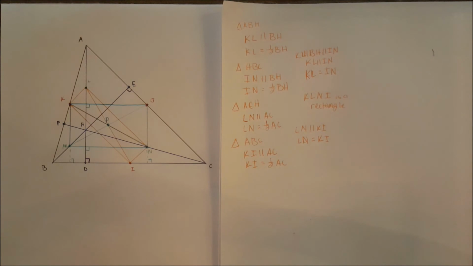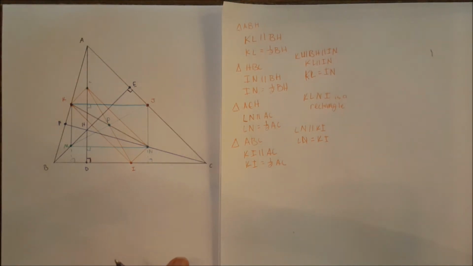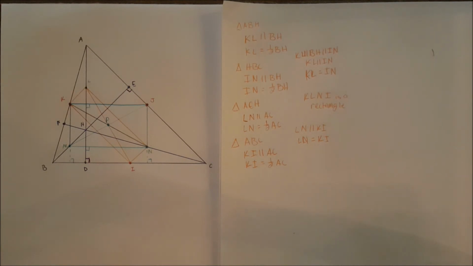When looking at this triangle, we see that the hypotenuse is also the diagonal of rectangle KJNM. So since we found that these points lie on the circle, and MJ is the diameter of the circle, E must lie on the circle.